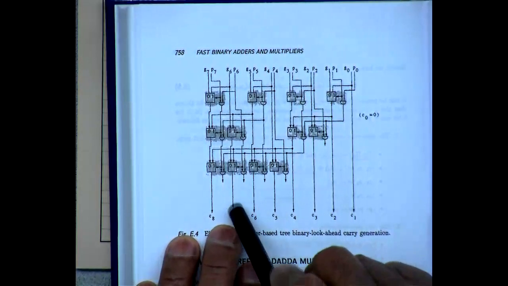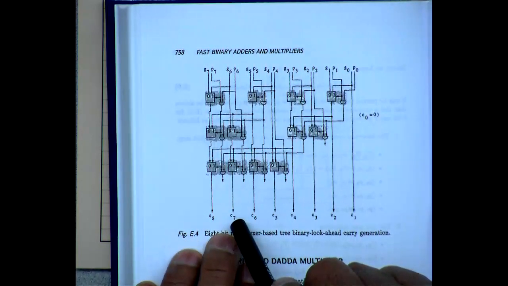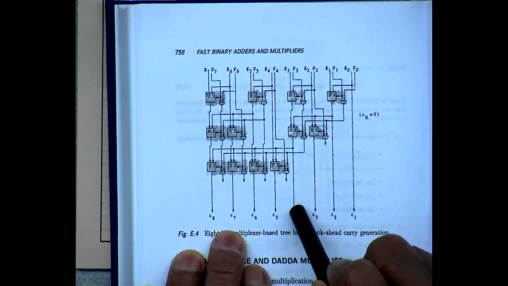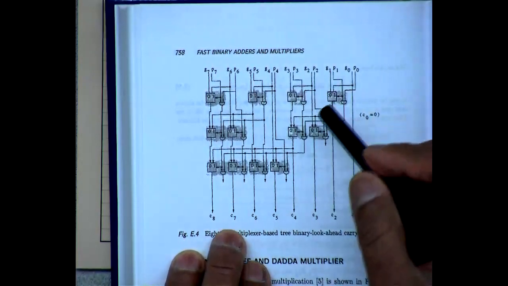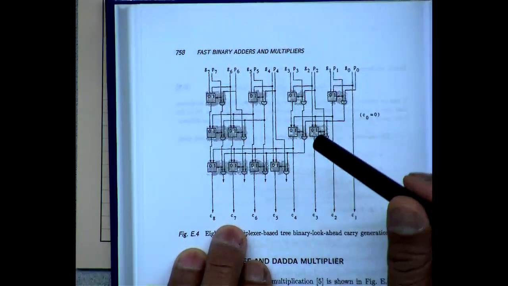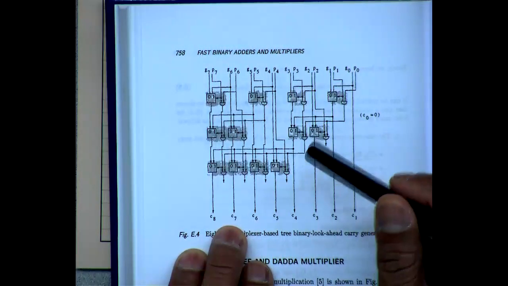How is 7 computed in this diagram? We computed 8 from C4. So how do I compute C7?